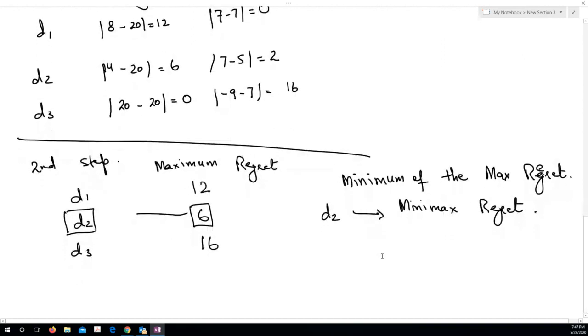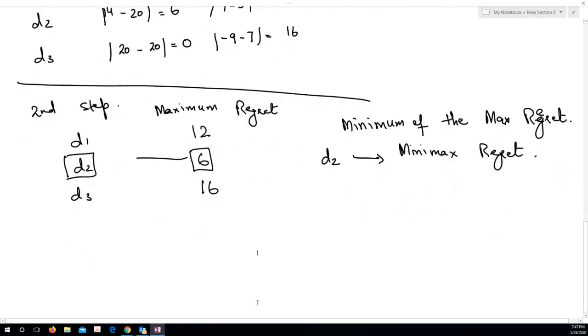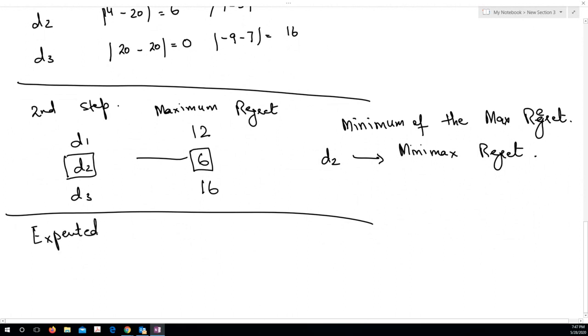So this is like the first section of the first chapter, the approach for the non-probabilistic method. Another one is the expected value approach, which is actually very simple. Expected value is actually the average.